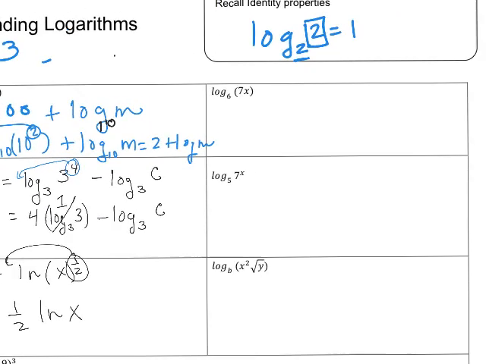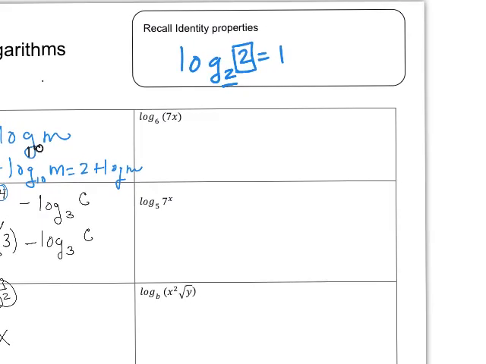All right, let's come over here to this side. This is just a straightforward indication of multiplication. That is the log of 7 times x.